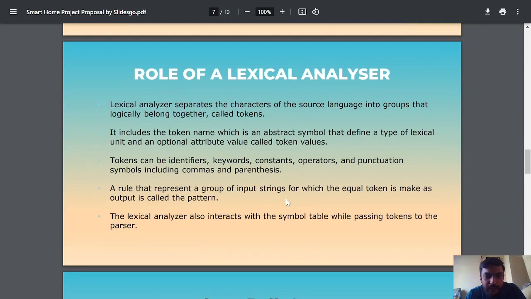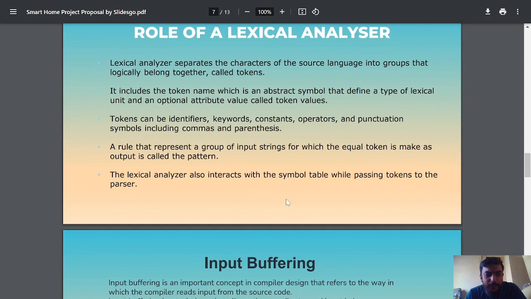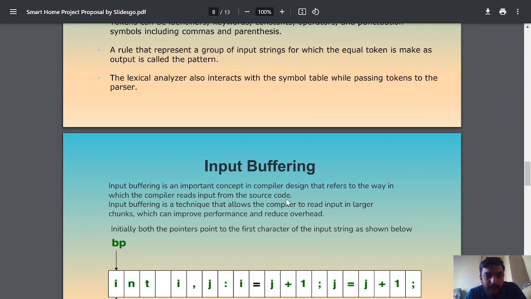Tokens can be identifiers, keywords, constants, operators, and punctuation symbols, including commas and parentheses. A rule that represents a group of input strings for which the same token is produced as output is called a pattern. The lexical analyzer also interacts with the symbol table while passing tokens to the parser.